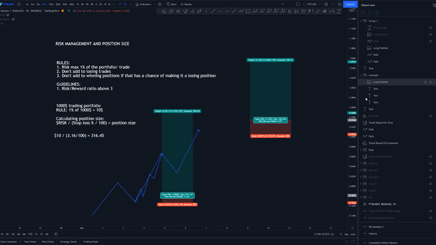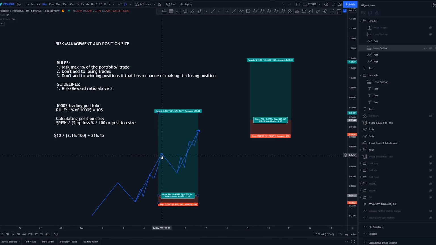Then you check out your risk to reward, it is good, and you put your stop below here. You calculate your position size with this stop loss in mind, or stop percentage in mind, and you go up or down whether the trade turns bad against you or not.